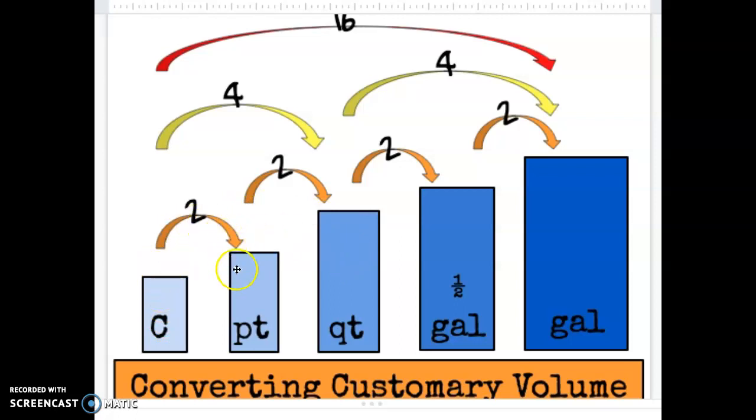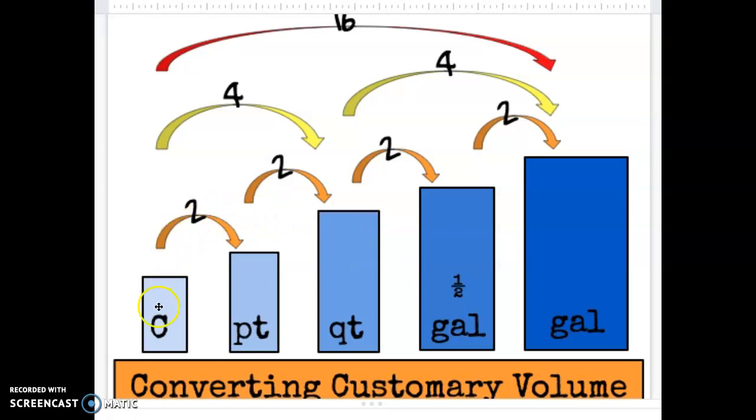That would be 2 hops. But I don't add 2 plus 2. I'm actually multiplying because there's 2 cups in this pint. And if it takes 2 pints with 2 cups each to go in a quart, that's 4. So we would say 4 cups in a quart.